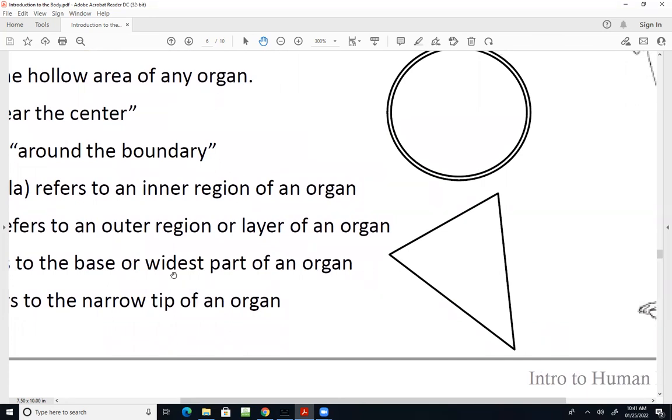The widest part of an organ that's triangular would be the base, and the heart has a base that sits on top. And then the point or the tip of an organ is its apex. So the bottom of your heart is where it comes to a point, and that's because your heart is an inverted triangle, at that cockeyed angle that it is there.